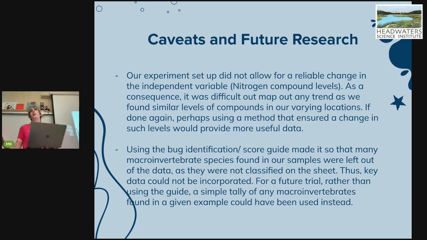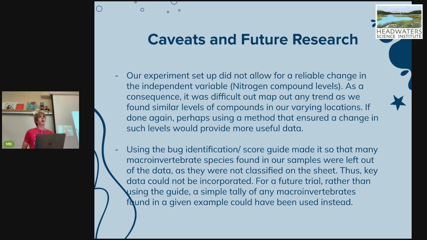Another thing is like what the last group touched on. There's human error. Sorting the dirt from the D-net was kind of difficult. It would blend in with the brown color, and so I'm sure there are bugs that weren't always accounted for. Another thing was the usage of the bug chart.